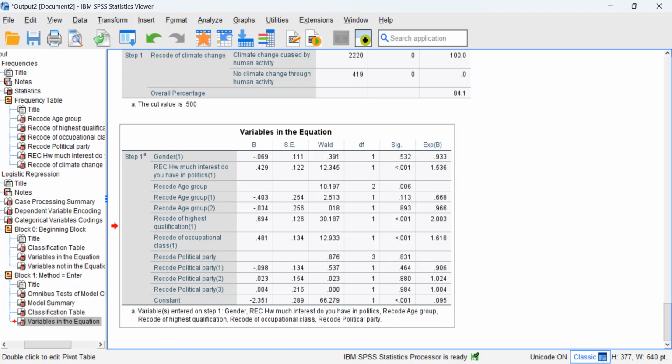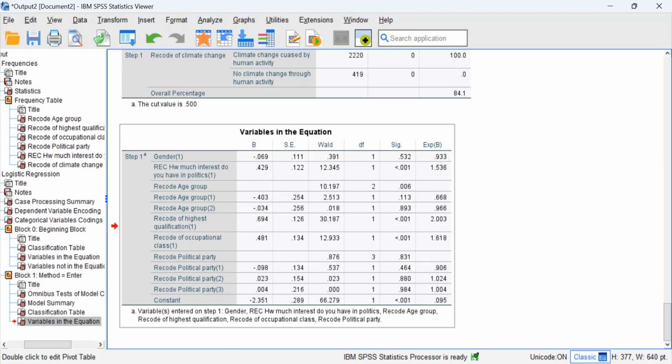Our next rows of data are for the variable age group, and here we have more than 2 categories, so we've got 2 lines of data. You always have one less line of data than you have categories, because you always have to have a reference group. We can see here that even though we found age group was statistically significant when we looked at it through the chi-squared, by the time we start including other variables like qualifications and interest in politics, this is no longer statistically significant.